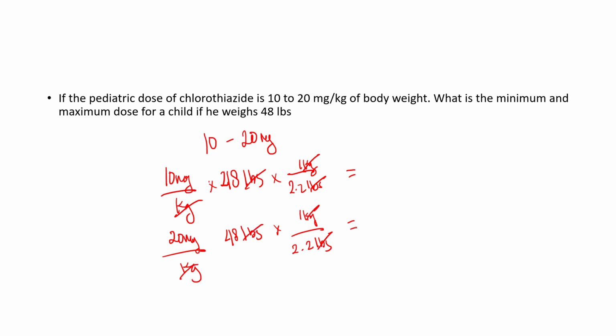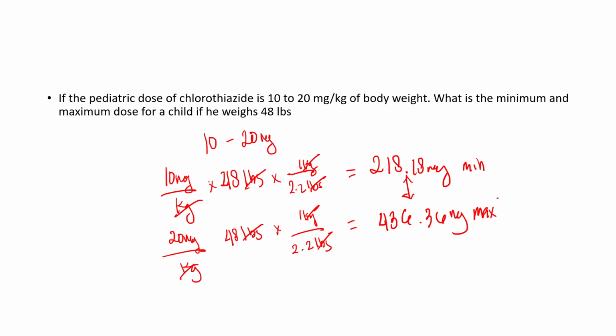So let's see. 10 times 48 divided by 2.2, that is 218.18 milligrams, and 20 times 48 divided by 2.2, you have 436.36 milligrams. So this is your range. This is the minimum dosing. This is the maximum dosing.